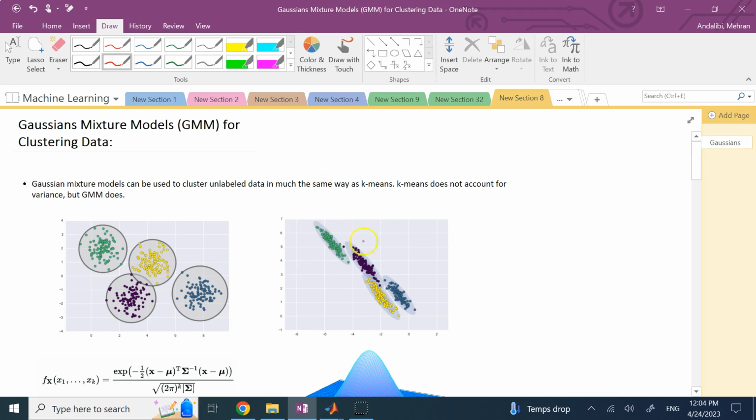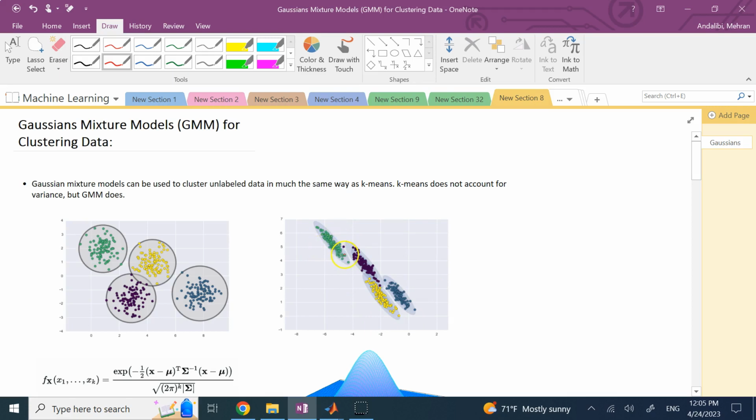All you need to give it is the number of clusters, just like k-means, but k-means, all it gives you back is the center of each cluster and a label whether your data belongs to any of the clusters or not, okay? But here you have more than that. Not only do you have the center, it gives you the variance, it gives you the proportions, which is the relation between the number of the data in each cluster to the total number of data, and of course a label, but this label is not a hard 0 or 1.